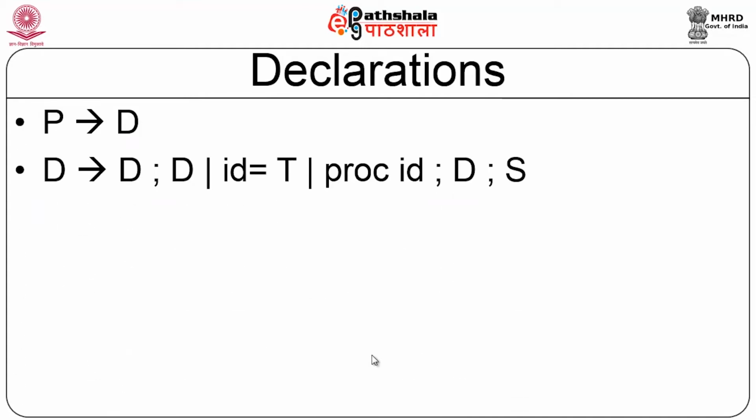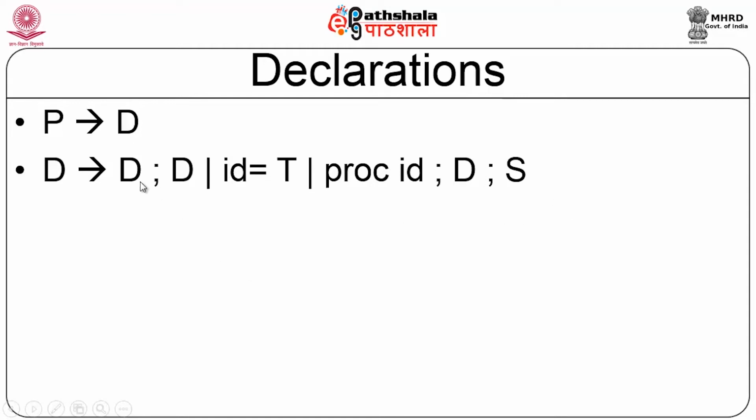So, this is the grammar corresponding to declarations, where we had the productions as P produces D, and D is D semicolon D, or ID colon equal to T, or proc ID semicolon D semicolon S, where S refers to statements.